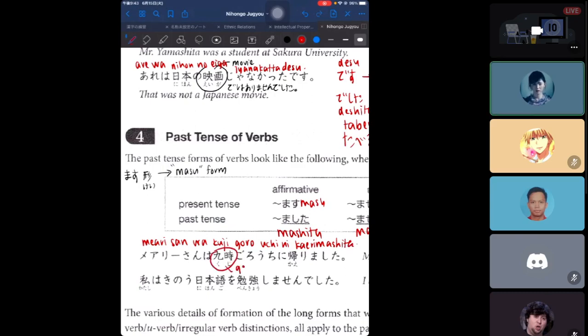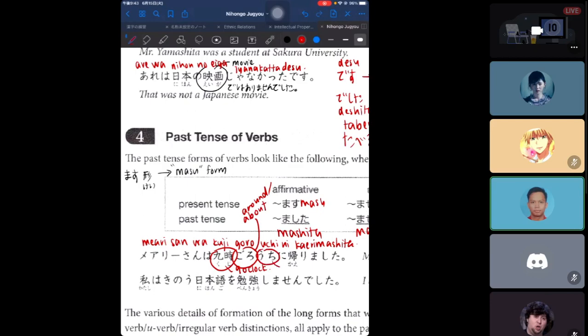Goro is the one that we learned, so it means around or about. Uchi is my house, you can call it a house.